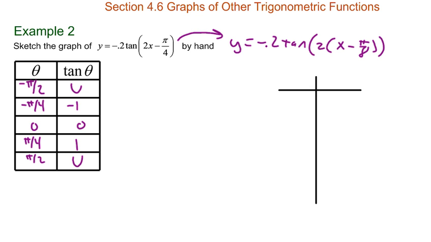Which is fine. I told you to first graph y equals negative 0.2 tangent of 2x. That was step 1, which means to first graph the stretched or compressed function, and then do the shift. That's the way that I taught you with the sine and cosine.